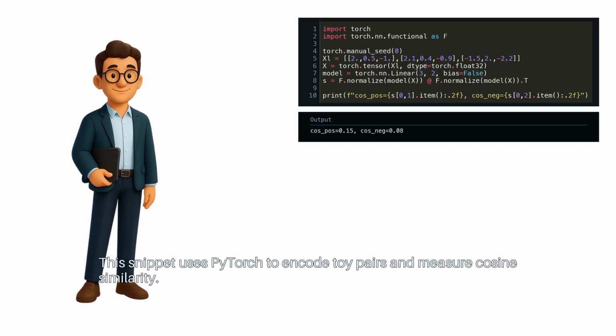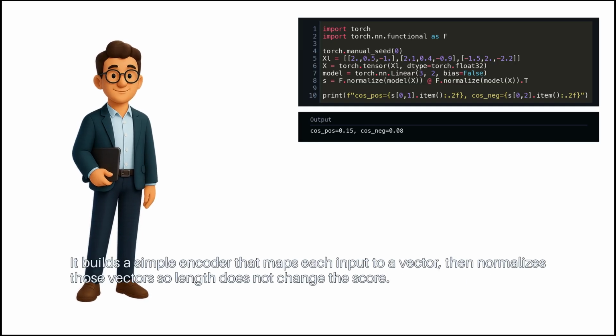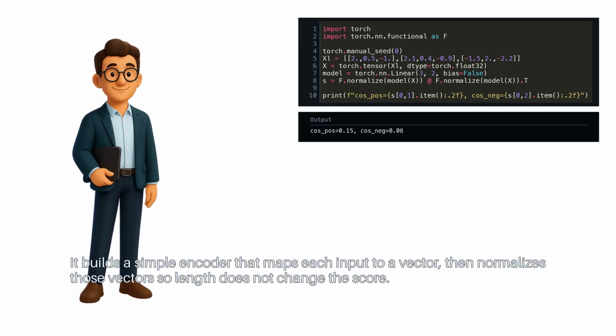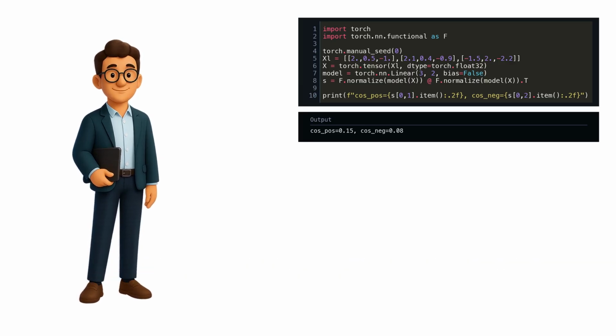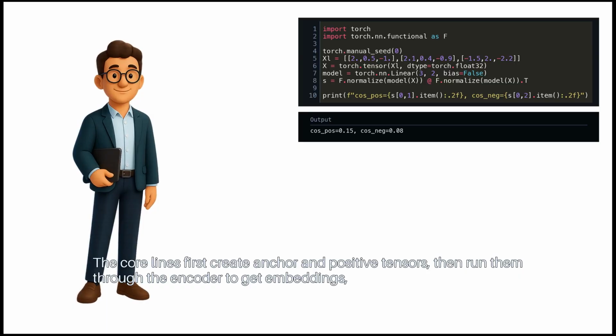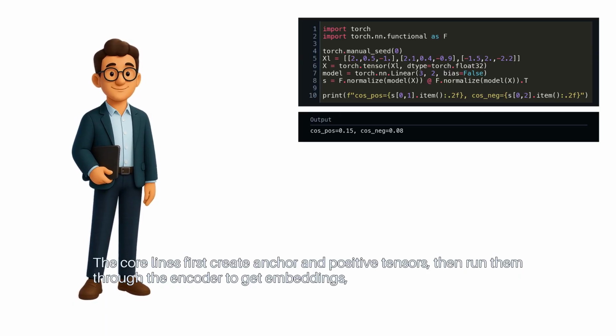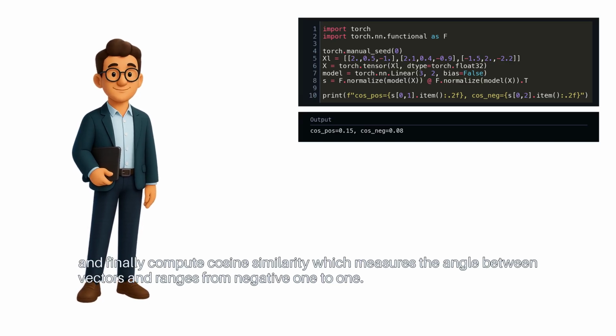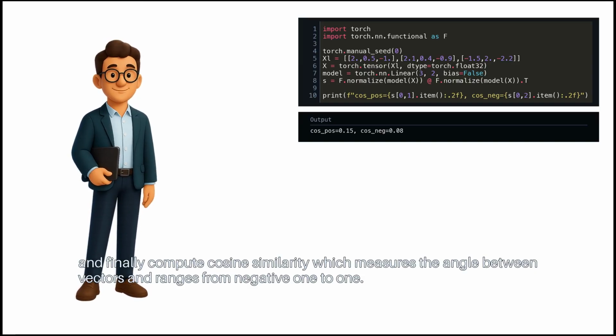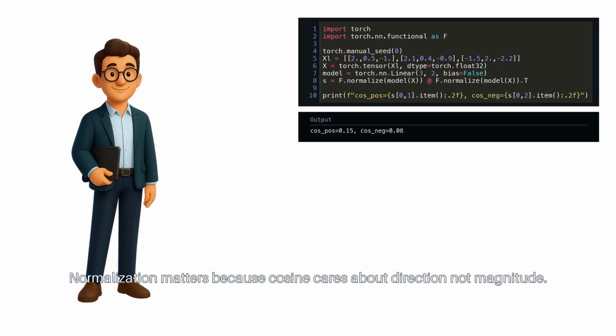This snippet uses PyTorch to encode toy pairs and measure cosine similarity. It builds a simple encoder that maps each input to a vector, then normalizes those vectors so length doesn't change the score. The core lines first create anchor and positive tensors, then run them through the encoder to get embeddings, and finally compute cosine similarity, which measures the angle between vectors and ranges from -1 to 1.